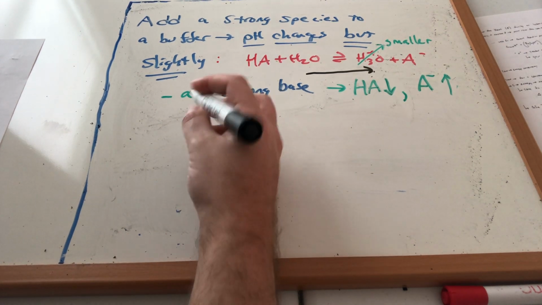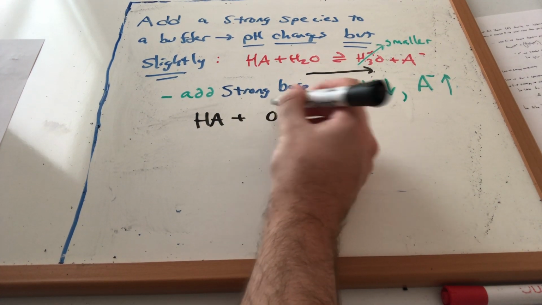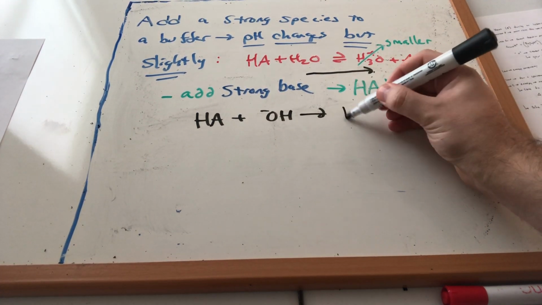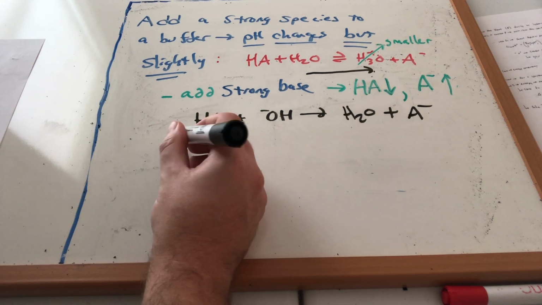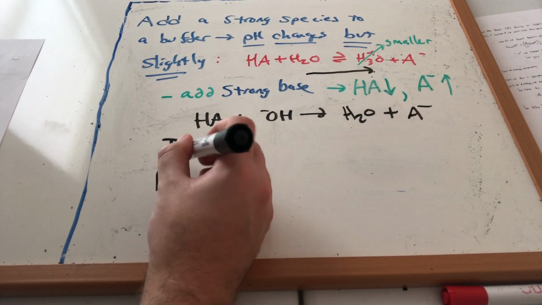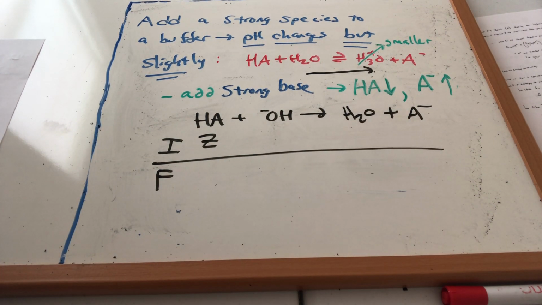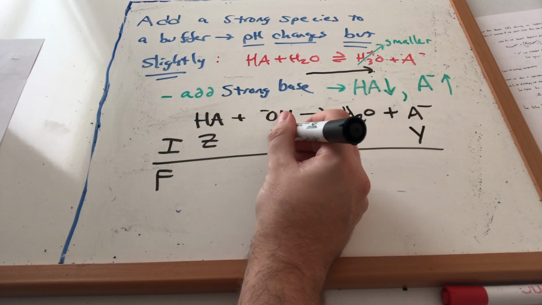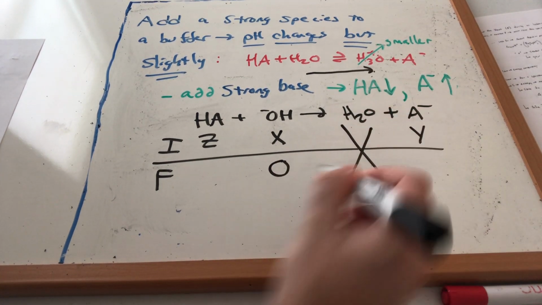Another way of representing that in the context of an ICE table is if I have HA and I add OH minus, a strong reaction occurs, and what I get is H2O, which we don't care about, and A minus. If I have an initial amount of HA that I'm going to call Z again, and an initial amount of A minus, initial moles of A minus, that I'm going to call Y. If I put in X moles of OH minus, they're going to go away.